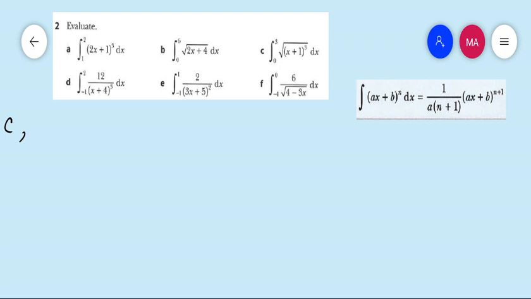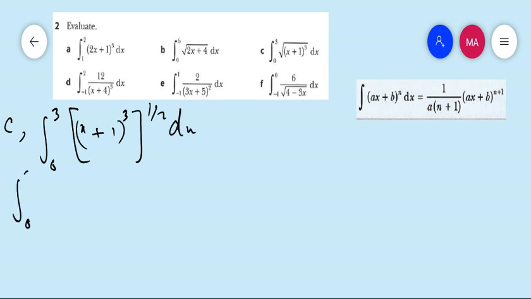C, 0 to 3, (x plus 1) power 3, and root means 1 upon 2, which I am writing directly. So 0 to 3, (x plus 1) power 3 into 1 upon 2 is 3 upon 2 dx.